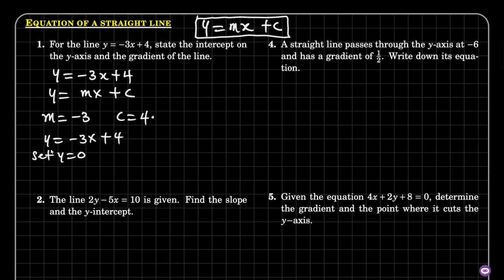Then you have 0 equals minus 3x plus 4, so 3x is equal to 4 and x is equal to 4/3. So if you ever need to find the x-intercept, the answer would be 4/3.